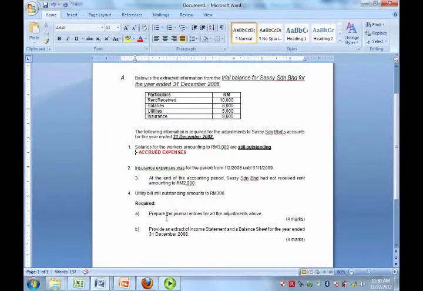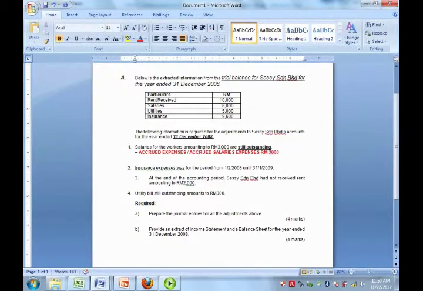Accrued expenses. Next, we identify first, class, alright? Accrued expenses, also known as accrued salary. What is the amount of the accrual, class?